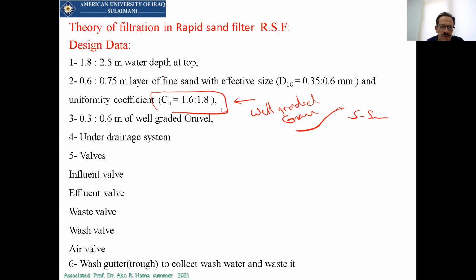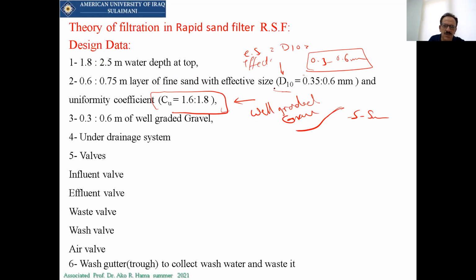For the sand, we have to have a specific D10, which, as you have it in soil mechanics, is called the effective size. The effective size of the sand should be between 0.3 and 0.6 millimeters. And what is that effective size?